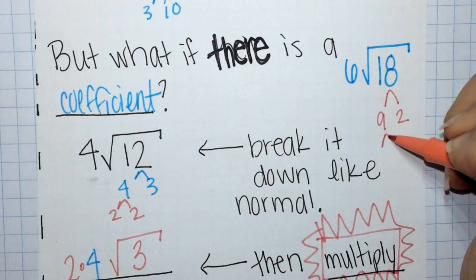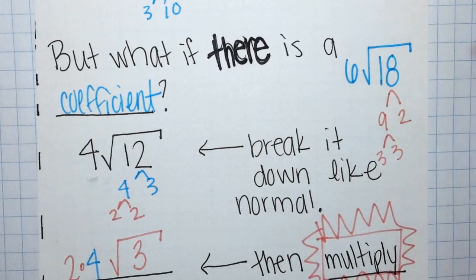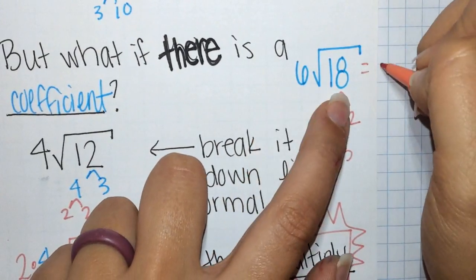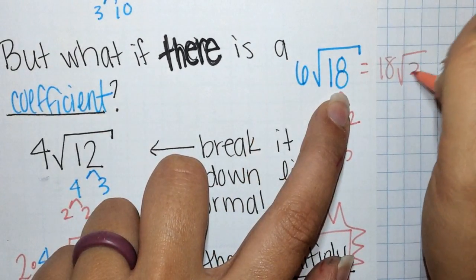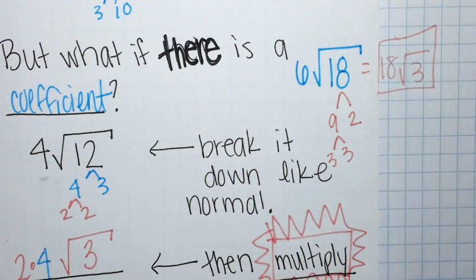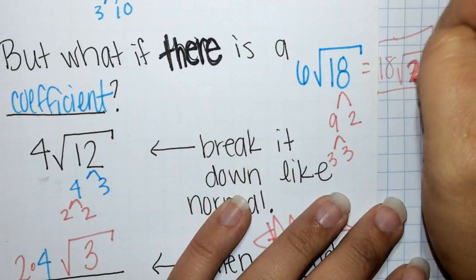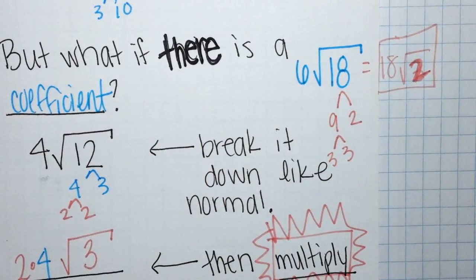Okay, and what did you break 9 down into? And then did you bring that 3 out front? And did you multiply it? And you got 18 root 3. No. 18 root 2. Yep. Good. Both of you take a point.